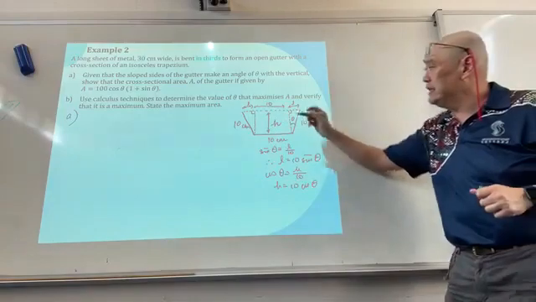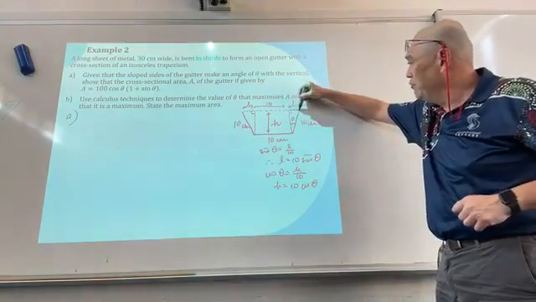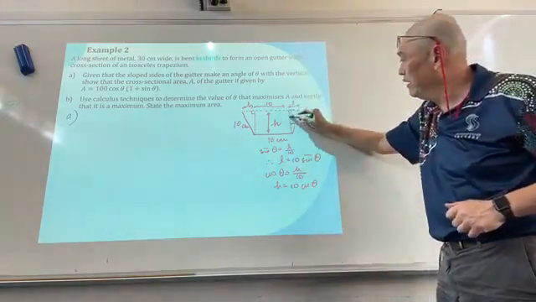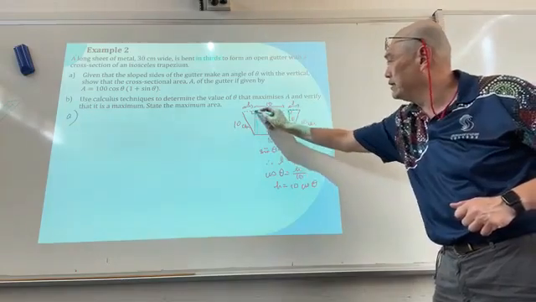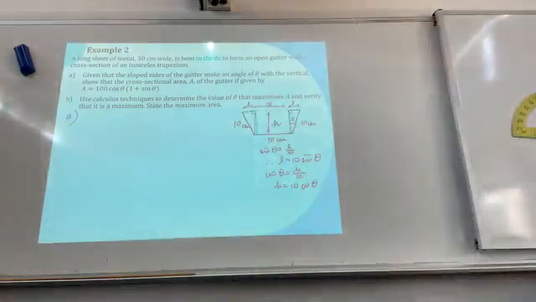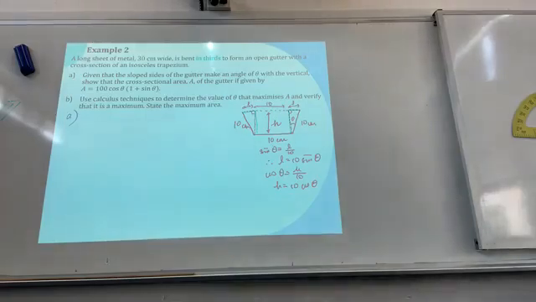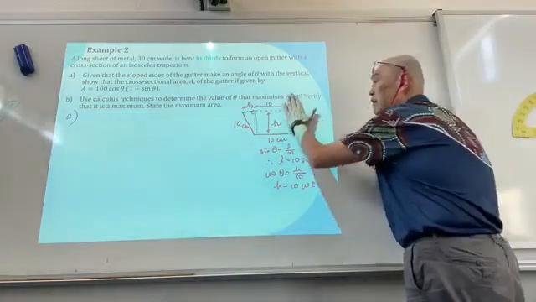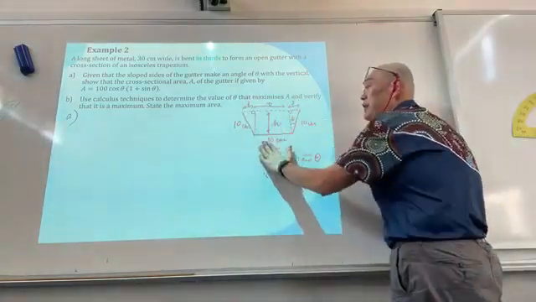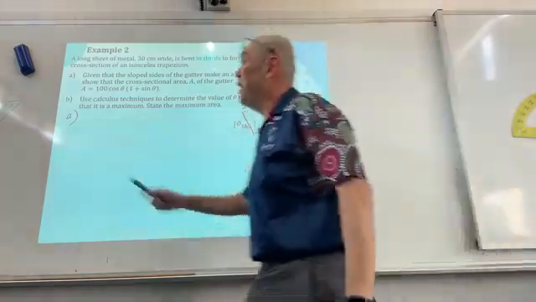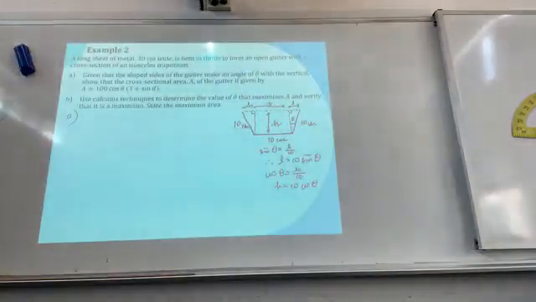If you do not want to use the trapezium formula, you've got two right angle triangles here. You can use the rectangle plus the two triangles to find the cross-sectional area. But you might want to just use area equals half A plus B times H.